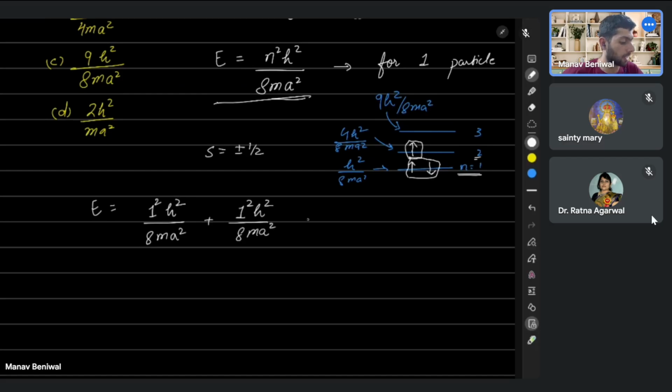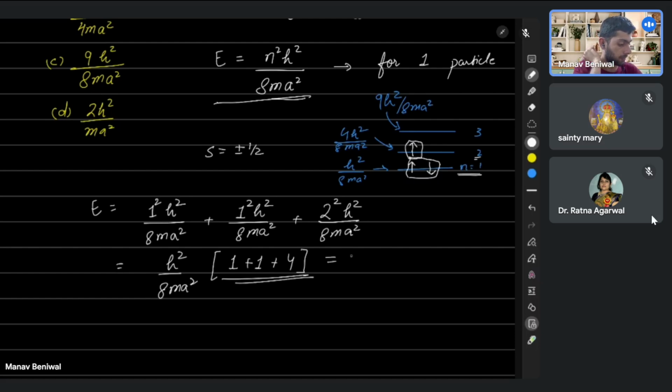But for the third electron, n is 2, so this will become 2. Clear? Now we can take h square by 8ma square as common, and what we will get is 1 plus 1 plus 4, and this is just 6, right?